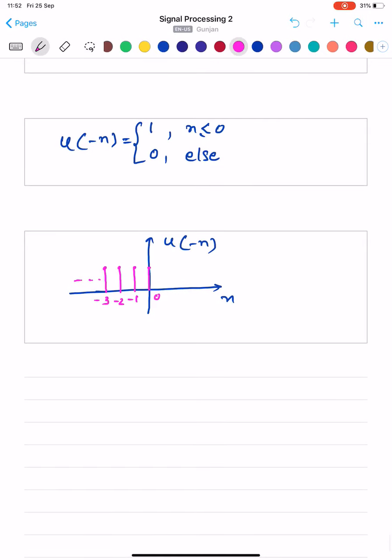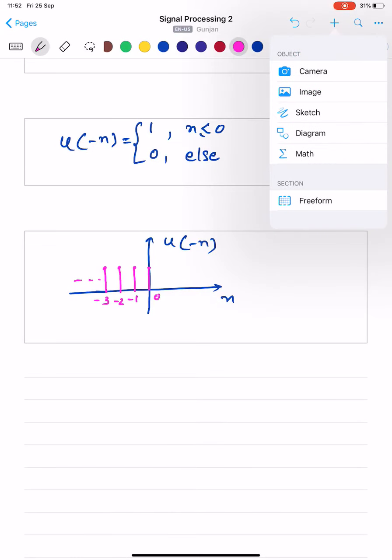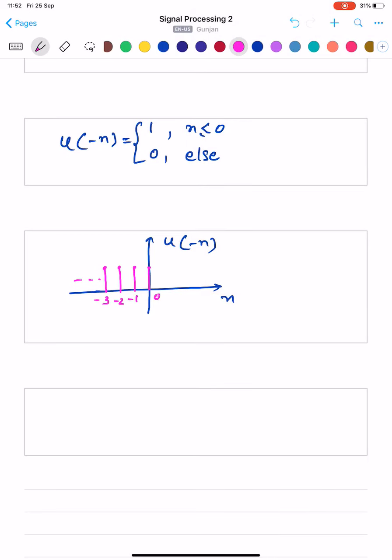So if we do the unit step function for something like u of n minus n naught, where n naught is a constant, then it will be 1 for n greater than equals to n naught and 0 else.